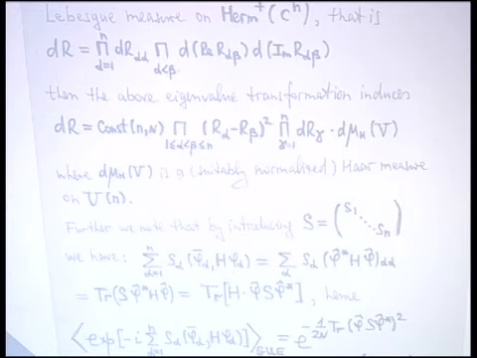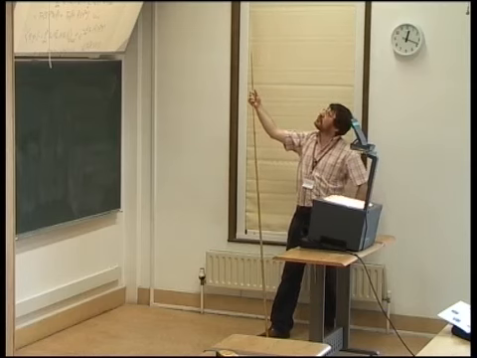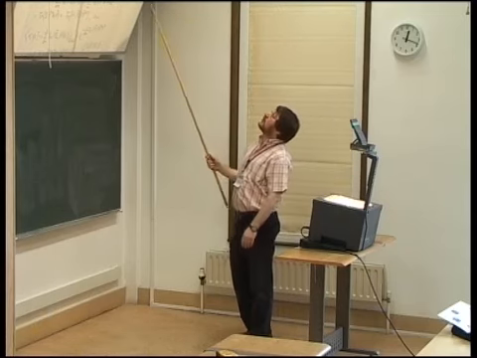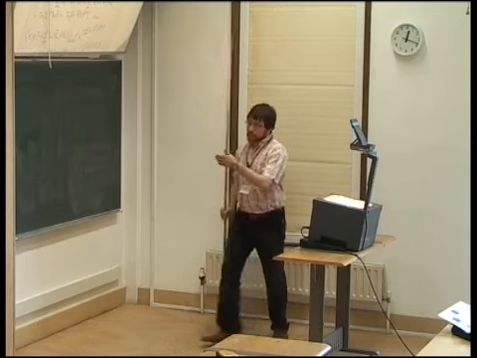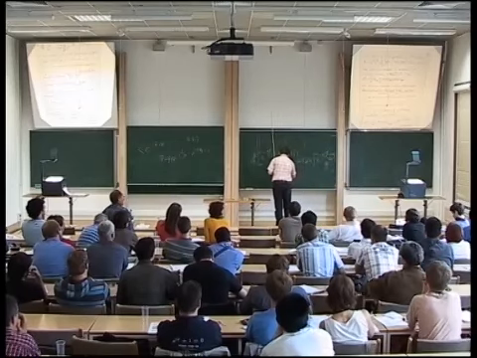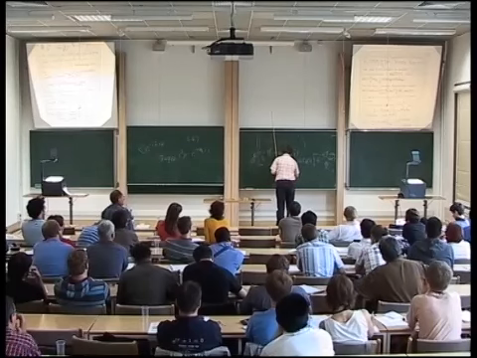This is what a Hermitian n by n matrix gives you. On the right-hand side, it's n times n plus 1, because you have n squared degrees of freedom going into the unitary group, and then another n for the eigenvalues.